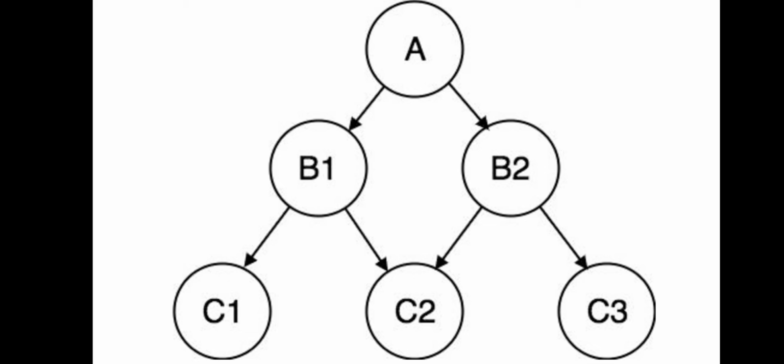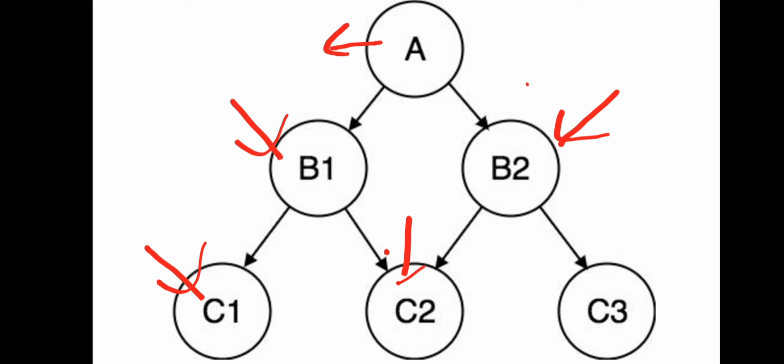But in the network model, this is our parent, this is our parent, and this parent has two children, B1 and B2, and B2 is further having the children C1 and C2, and another parent is having C2 and C3.